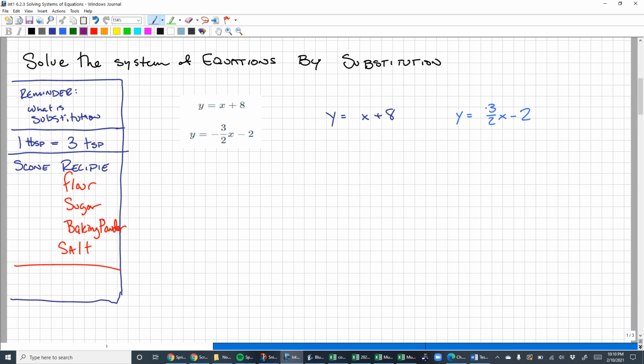So my scone recipe calls for a bunch of dry ingredients, including flour, sugar, baking powder, and salt. It comes for 2 cups, depending on how big you want. You can scale this up, but 2 cups of flour.